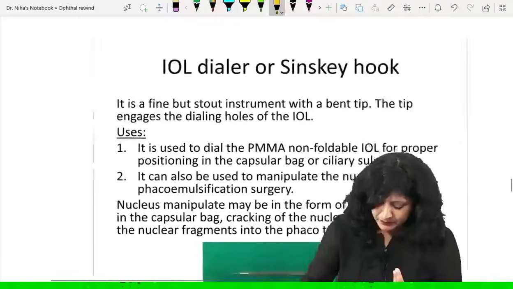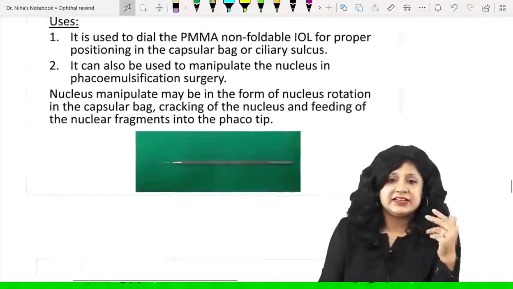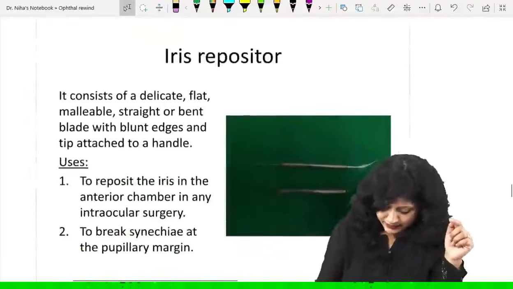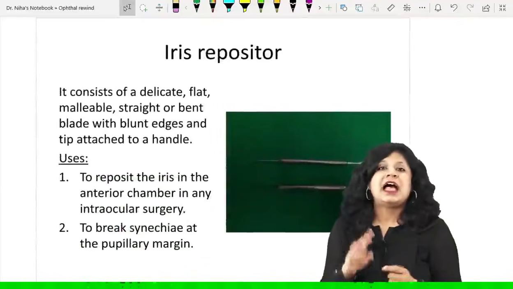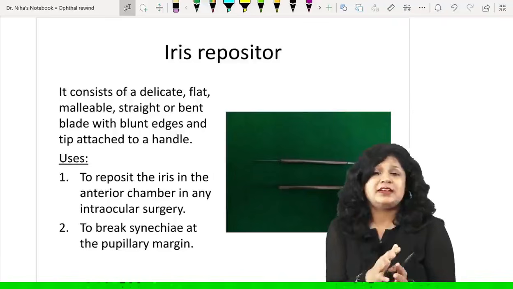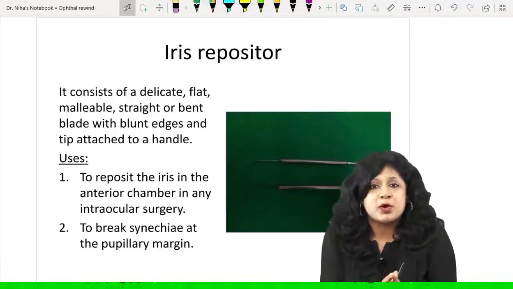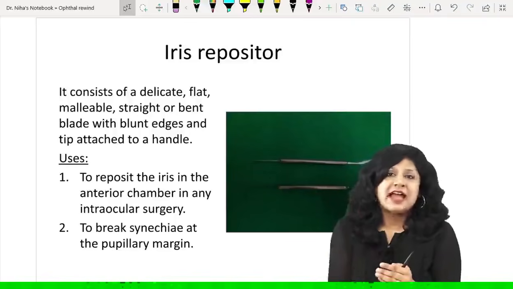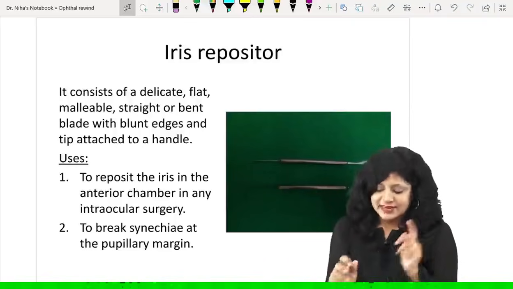See, the IOL dialer we have already seen. Now the IOL dialer looks very similar to another instrument that is called an iris repositor. You have to reposit the iris back. That is very evident from its name itself.